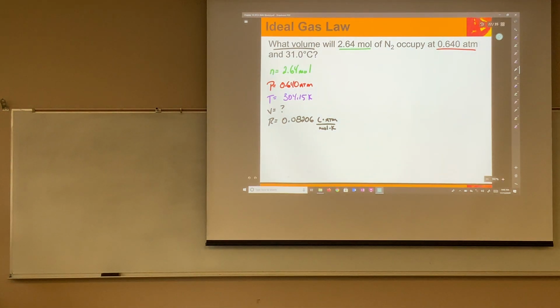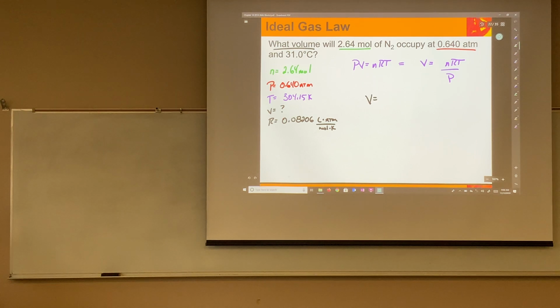All right, we start with our PV equals nRT. We rearrange to solve for volume, right? V equals nRT over P. And then we can start to plug everything in. So volume was in black, so let's try and keep this all together.